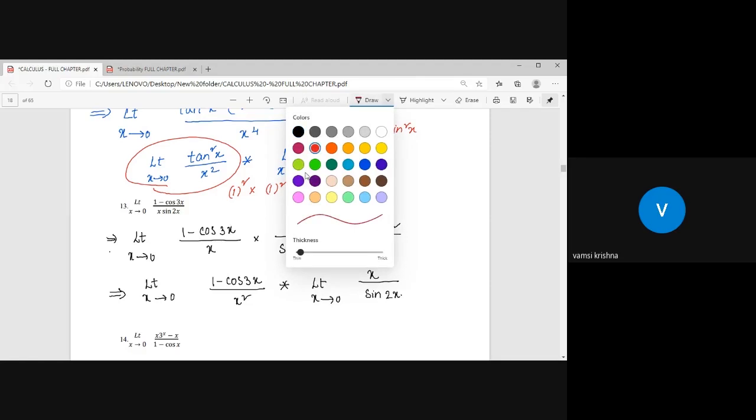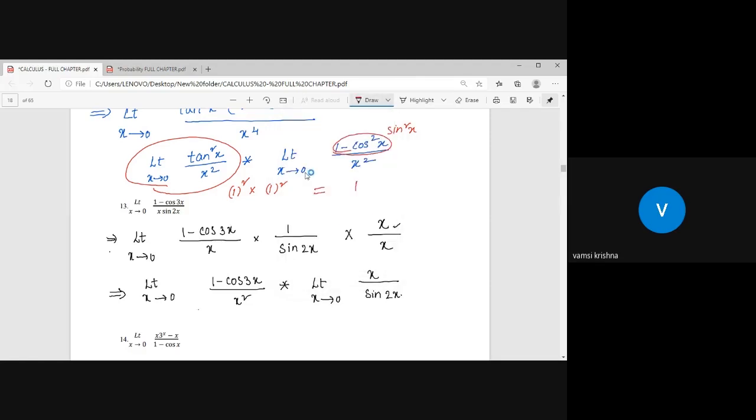Now we have, just now we discussed, even functions and odd functions. 1 minus cos ax by x square is nothing but a square by 2 factorial.